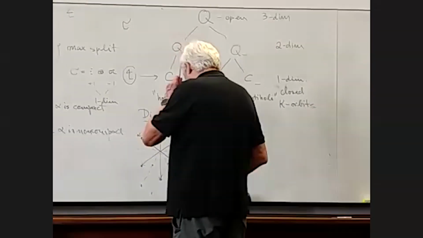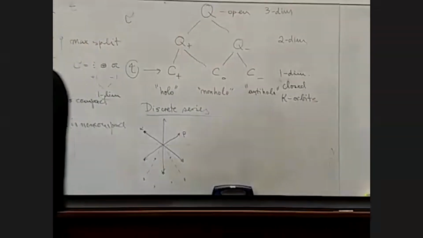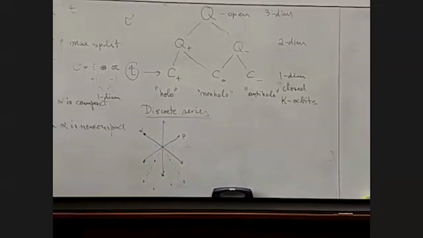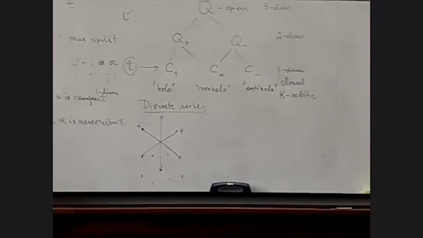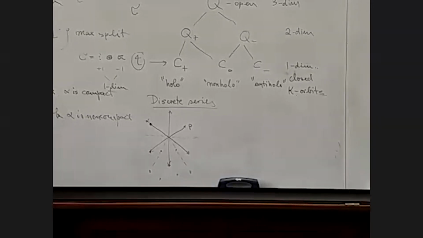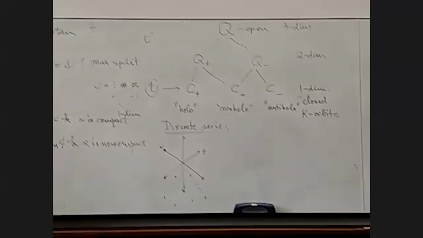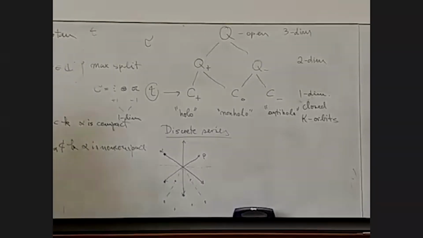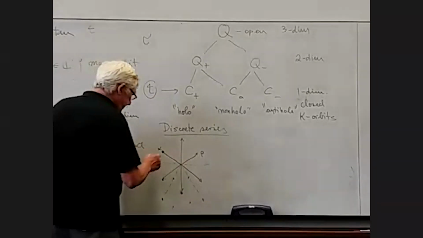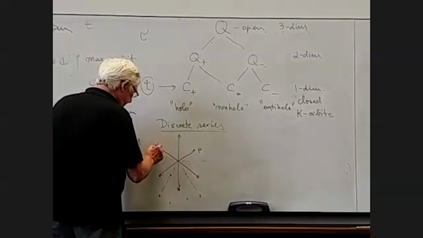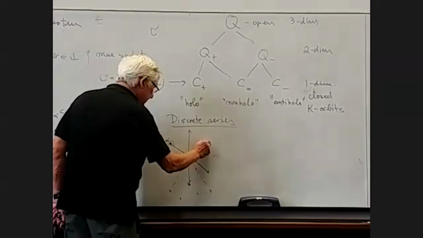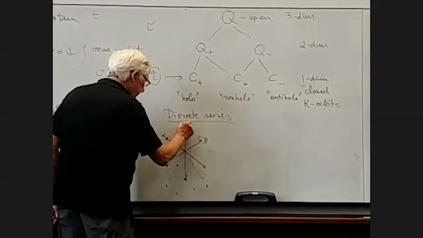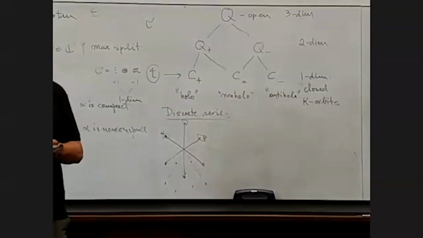So I can get a contribution to n homology at the open orbit at best at these points. And possibly here. Agree?